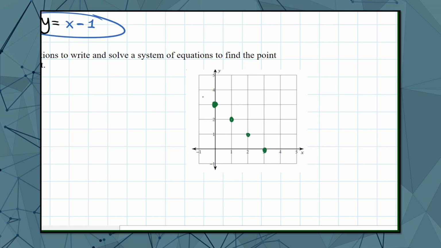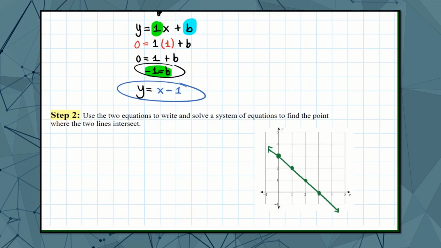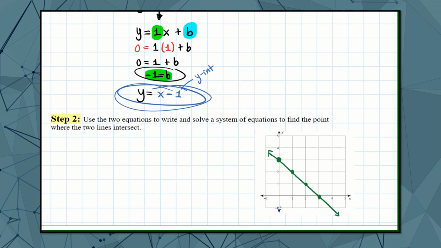So here's the line that the problem originally gives me. I need to now graph the other line, which I created, that's perpendicular to that green line. My starting point on this one is negative 1 and has a slope of up 1 to the right 1.